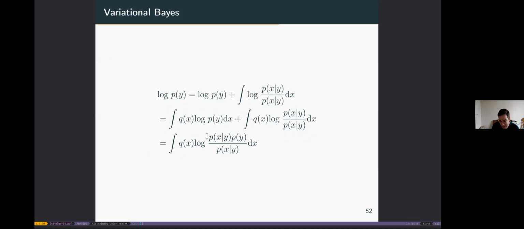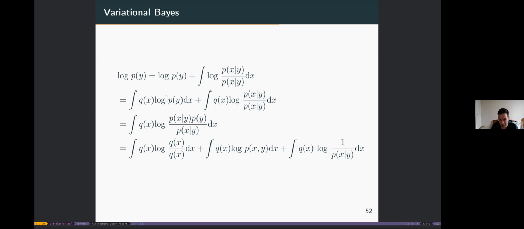Now this here is the joint distribution. So I'm going to split this integral and add an additional q of x, something that does nothing.